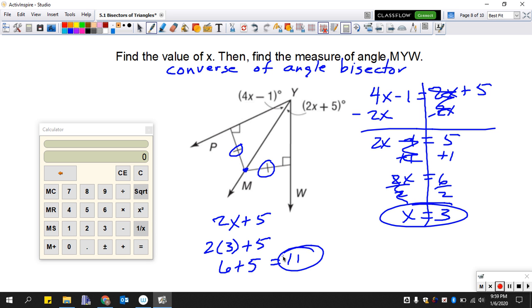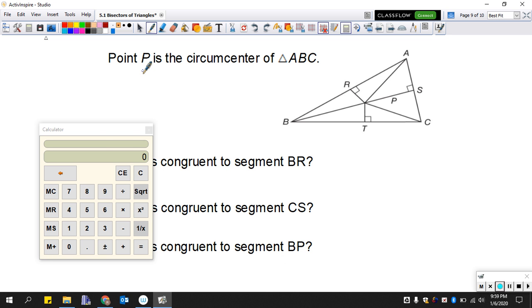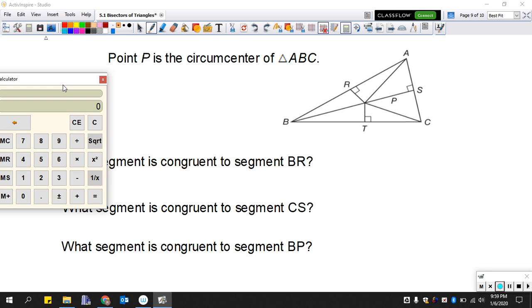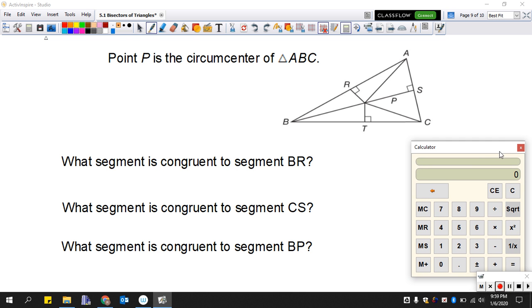All right, so the next one deals with a circumcenter. It says that we're given that point P is a circumcenter of triangle ABC. Remember, the circumcenter is associated with the perpendicular bisectors. So that means this line here, and this line here, and this line here are all equidistant from the vertices.